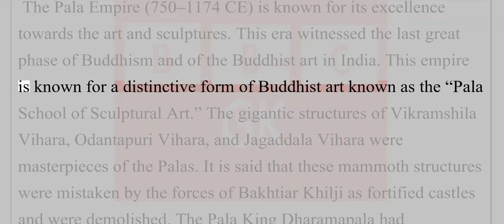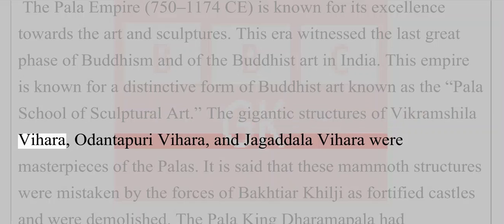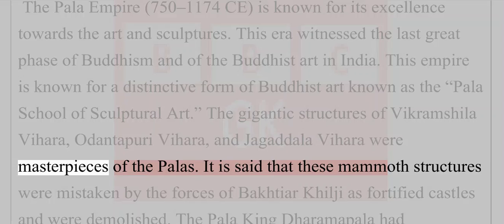This empire is known for a distinctive form of Buddhist art known as the Pala School of Sculptural Art. The gigantic structures of Vikramshila Vihara, Udantapuri Vihara, and Jagaddala Vihara were masterpieces of the Palas.